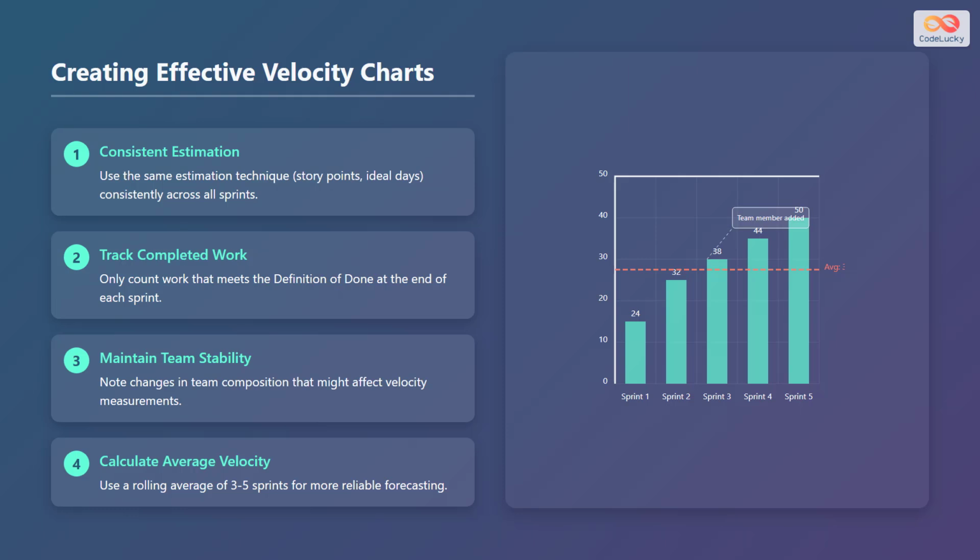Third, maintain team stability. Keep track of and note any changes in team composition that might affect velocity measurements, providing context for variations in performance. Fourth, calculate average velocity. Use a rolling average of 3 to 5 sprints for more reliable forecasting, smoothing out any sprint-specific anomalies.